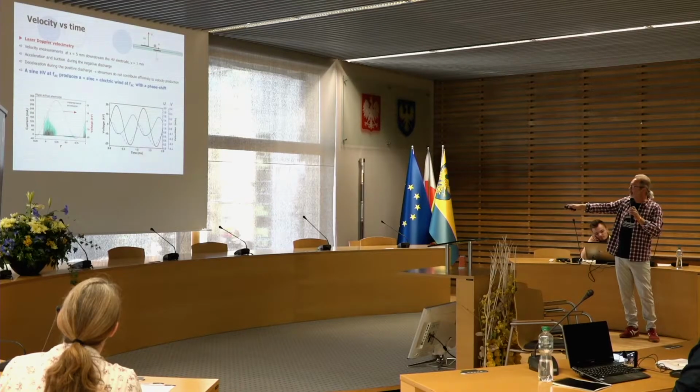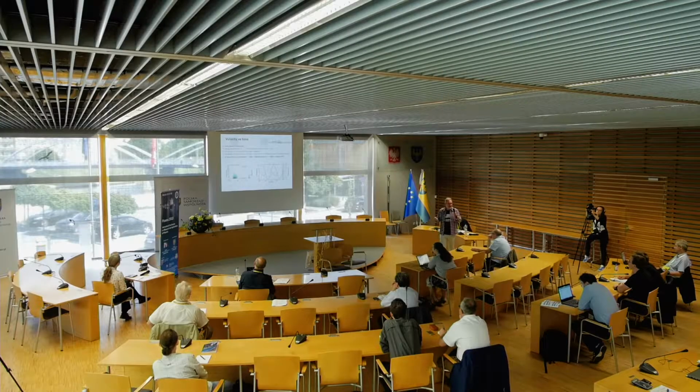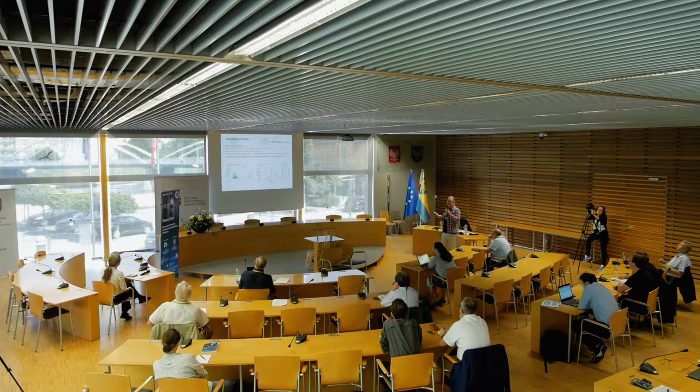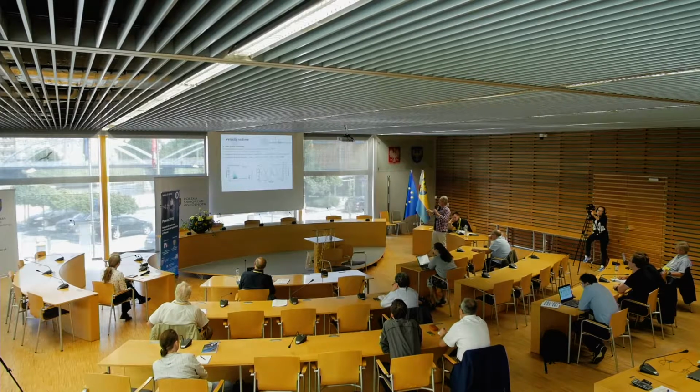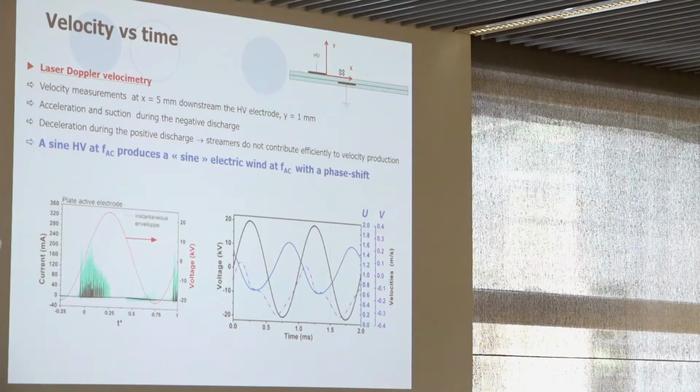During the positive-going cycle, there is a deceleration of the flow, and during the negative-going cycle, we have an acceleration of the flow. That means that the negative glow discharge is more efficient in velocity production, and that streamers do not contribute efficiently in this case to velocity production.